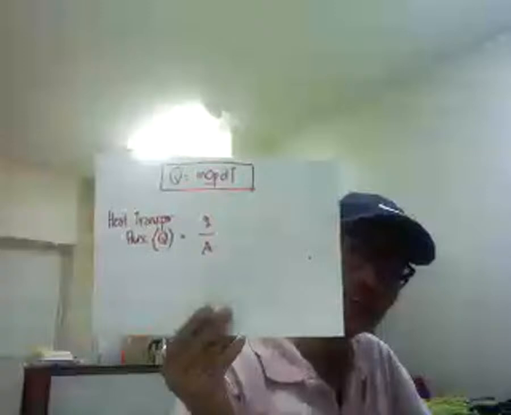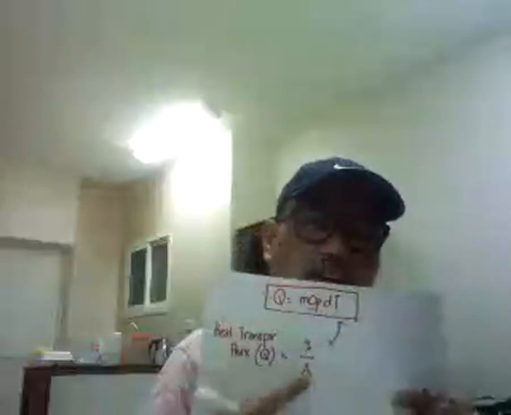It's not a flux, but the heat specifically. Now, we have the formula, this Q is equal to mCp dT, substitute. But I will change the capital Q to small letter q to agree with this. I will change it for the purpose of agreeing only. So q is equal to mCp dT.